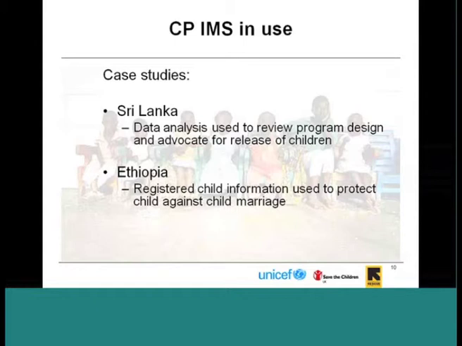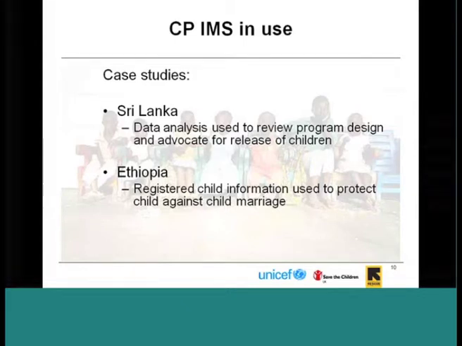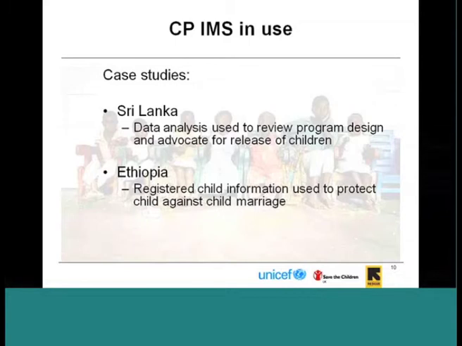In Ethiopia, the CPIMS is used for case management of vulnerable children in a camp setting. One of the case studies we have is of a girl who was registered on the database and supported for a few years, and then her case was closed. Several years later, the social workers were aware that her family was planning to marry the girl to an older man.